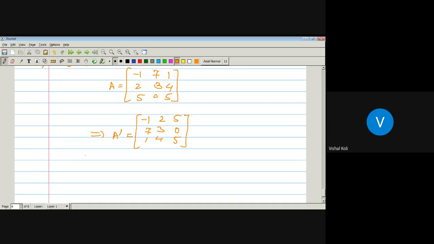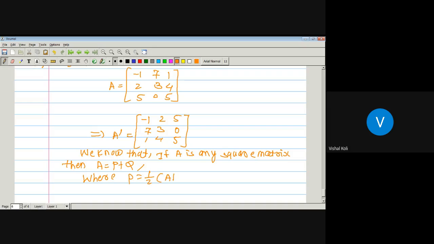So let us write here. We know that if capital A is any square matrix, then A equals P plus Q, where P equals 1 upon 2 (A plus A transpose) and Q equals 1 upon 2 (A minus A transpose).